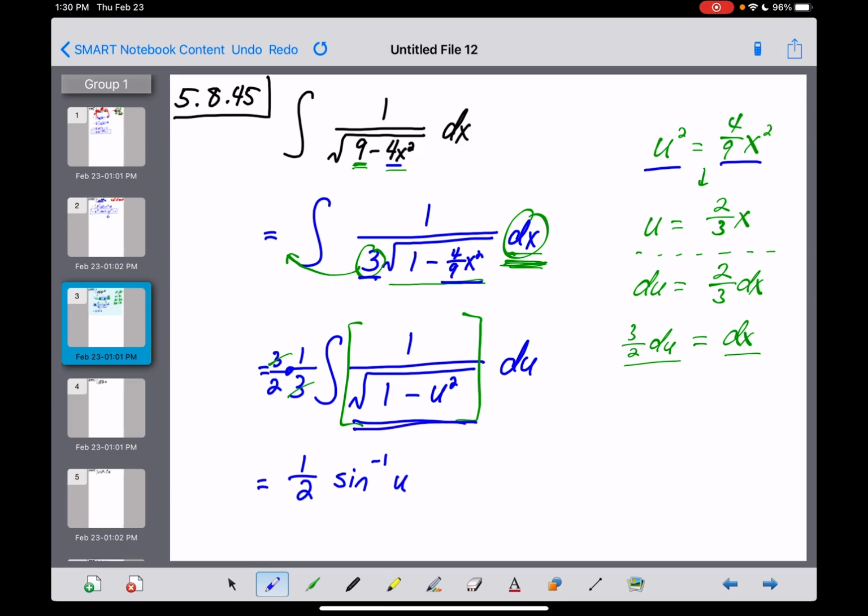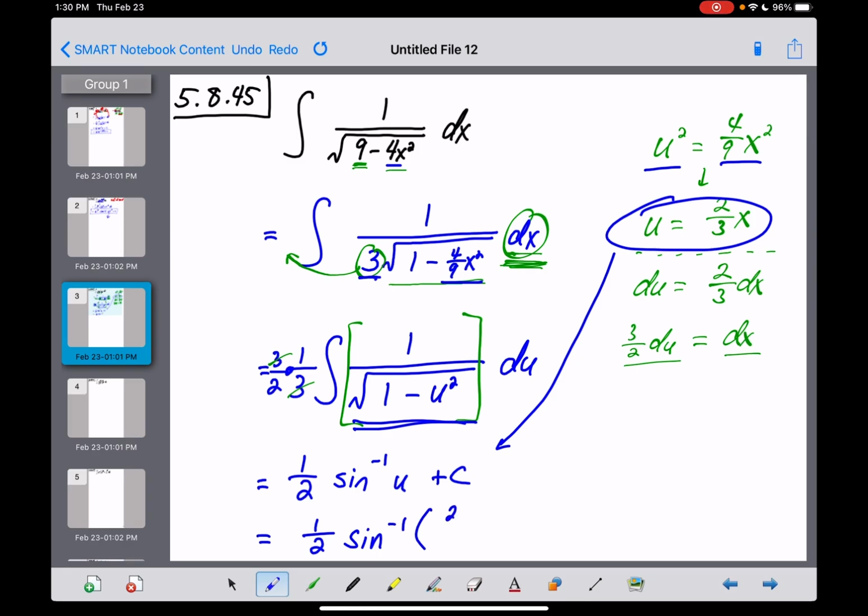It was indefinite, so we'll put a plus c there, and the only thing we have left to do is unsubstitute or resub with this line right here. So it's going to be a 1/2 times the inverse sine of a 2/3 x with a plus c at the end, and that should be our final answer here for problem number 45.